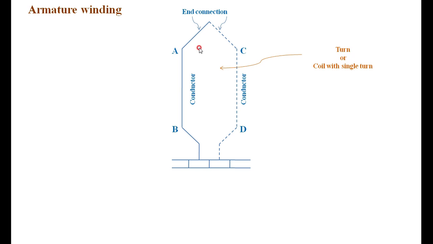If more turns are connected in series, it becomes a coil. If the coils are connected in series, it becomes a winding. This is how we define the turn. A turn consists of two conductors.